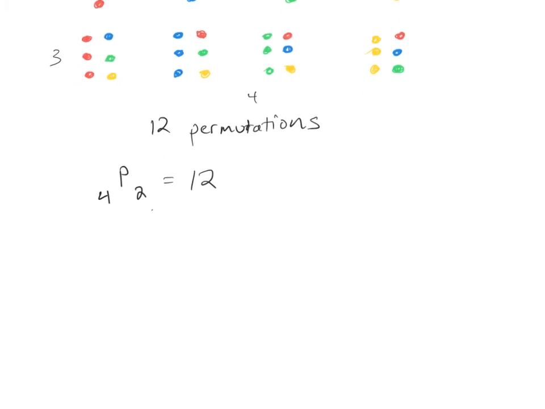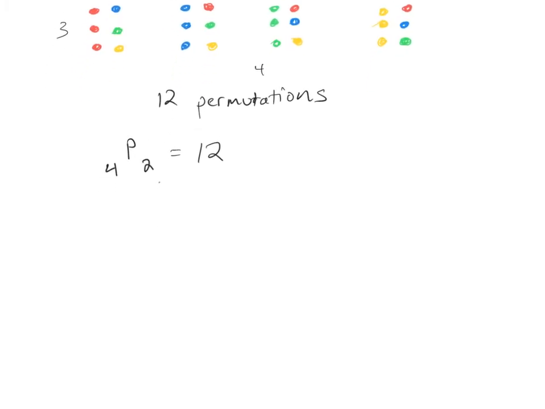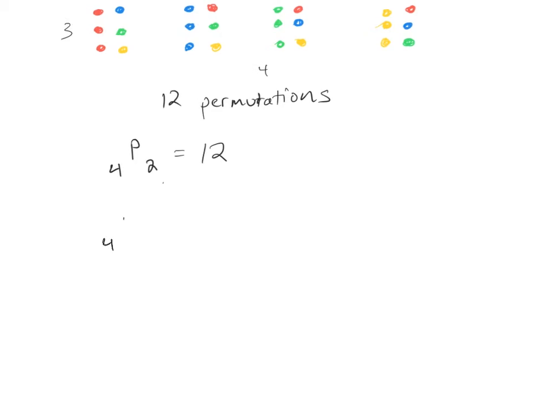Another way that we can analyze permutations is using factorials. This will allow us to analyze the bigger permutations. And our formula is, let's say 4P2. Our formula is nPr, where this is n and this is r.